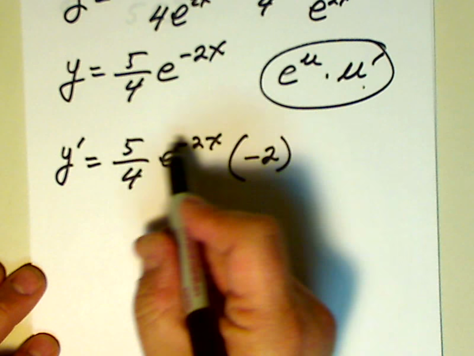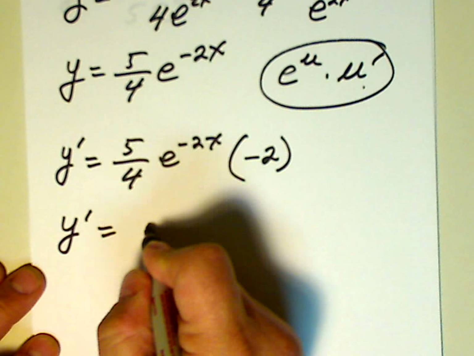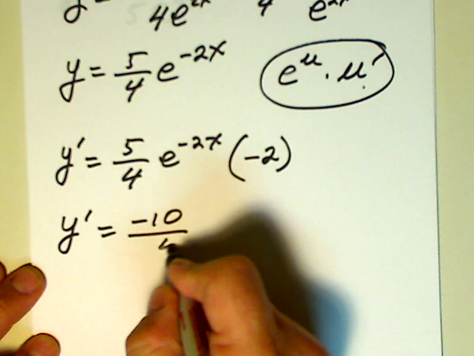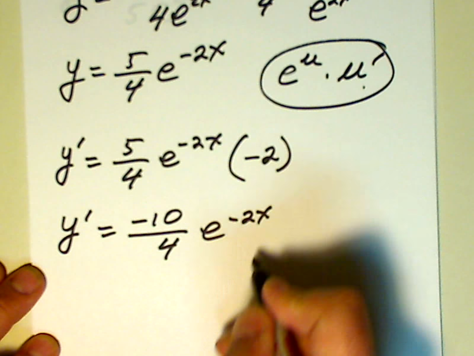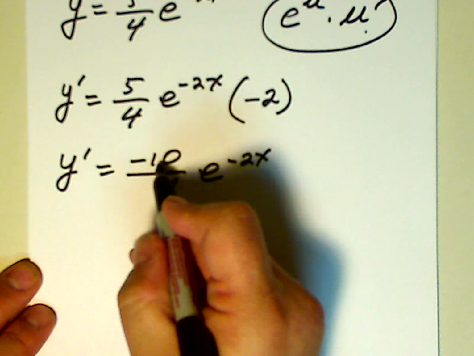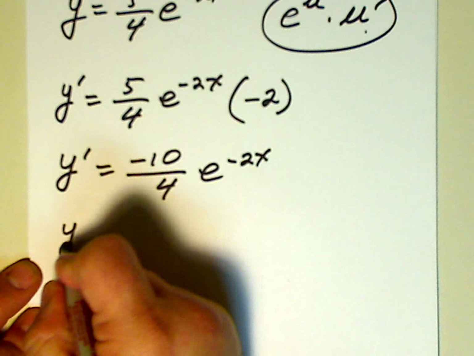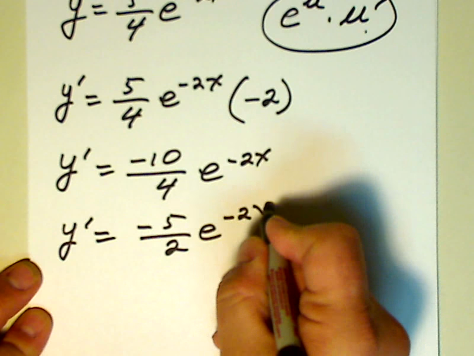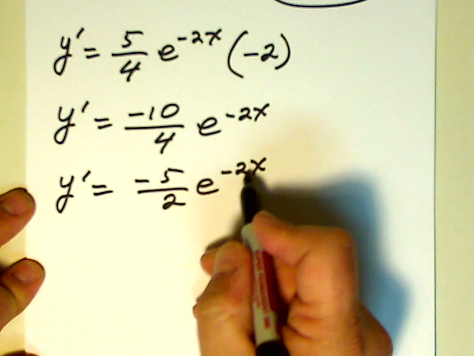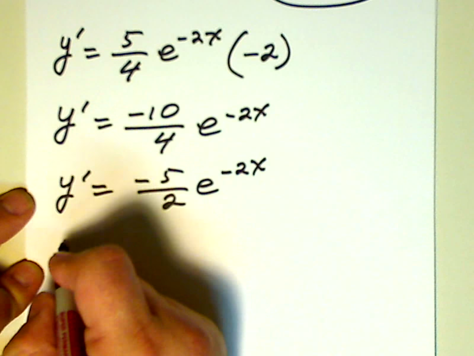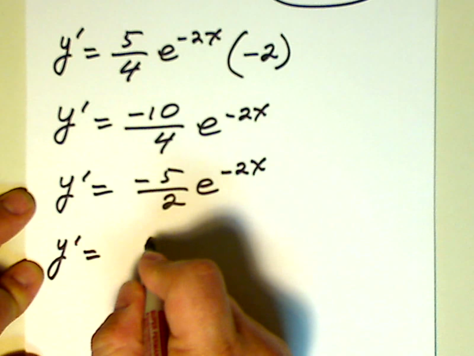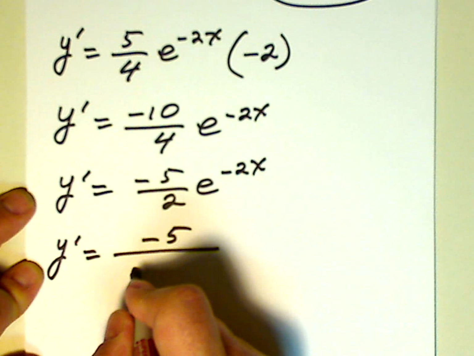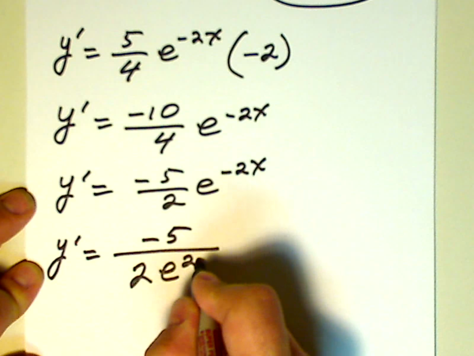So let's clean this up a bit. y prime is equal to negative 10 over 4 e to the negative 2x, and we know that negative 10 over 4 is negative 5 over 2, so y prime is equal to negative 5 over 2 e to the negative 2x. Now let's move the e to the negative 2x down into the denominator, and we get y prime is equal to negative 5 over 2e to the 2x.